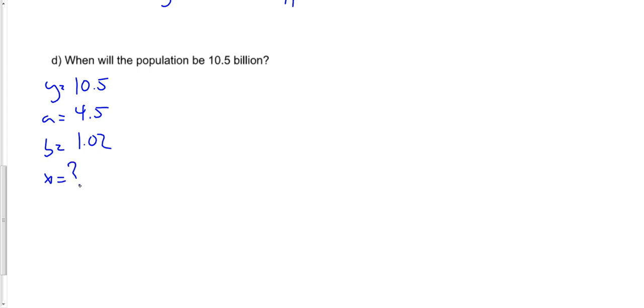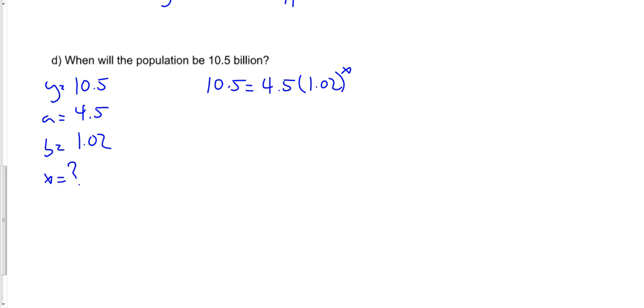We don't know how much time will have gone by from 1980. So what I need to do is plug this information into my equation. So I'm going to take 10.5 is equal to 4.5 times 1.02 to the exponent x.